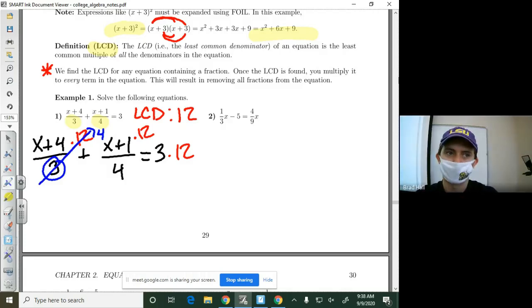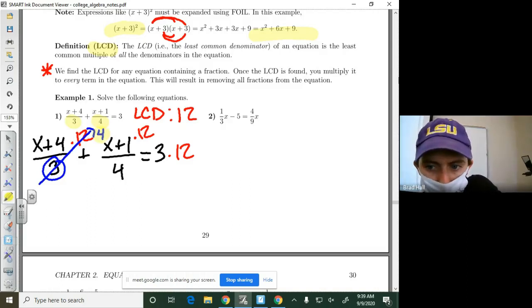That's why we chose the LCD to be so specific. It's because we want this ratio of the values to be a nice whole number. And then from there, we can simplify it very nicely.